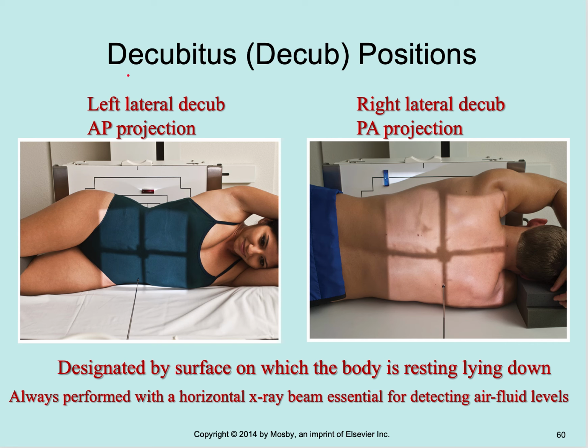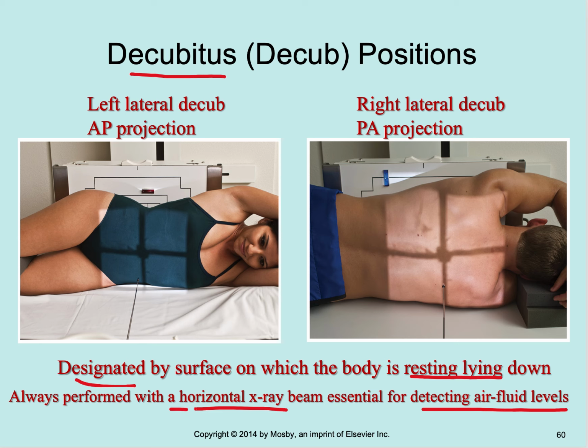Decubitus positions are designated by the surface on which the body is resting, lying down, and are always performed with a horizontal X-ray beam, essential for detecting air fluid levels. So our decubes are essential for detecting air fluid levels.